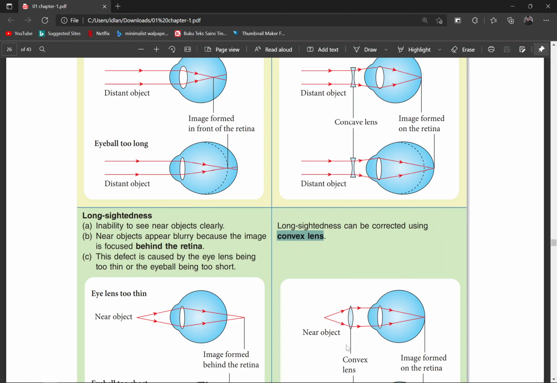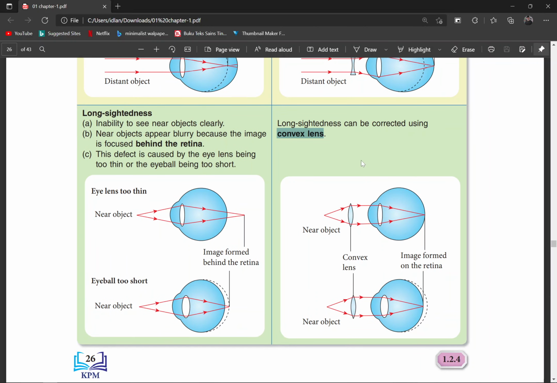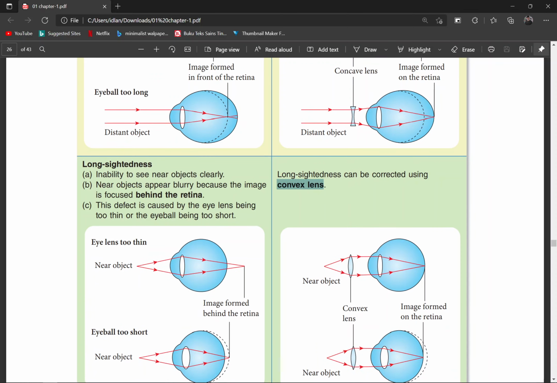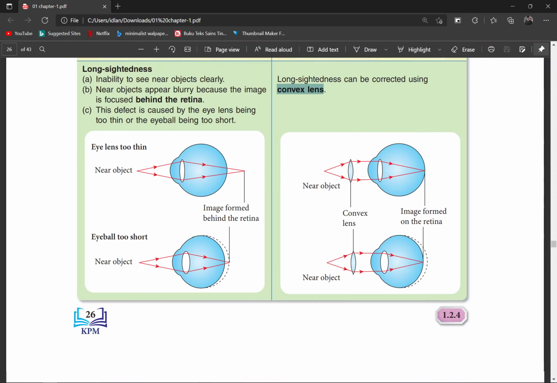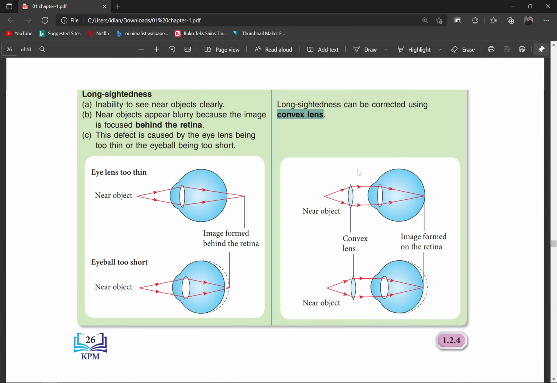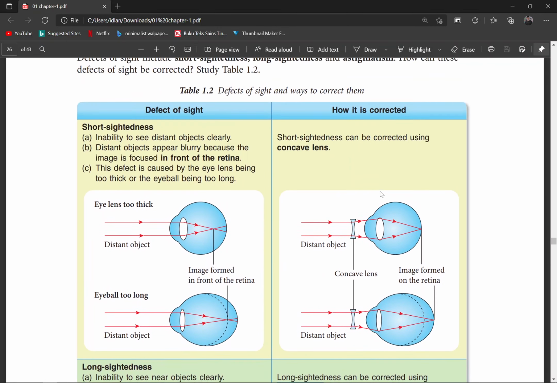Ada beza concave dan convex? Concave ni dia melembabkan dia punya intersection point. Yang ni mensekejapkan intersection point tu. Sebab kita akan dapat tengok image tu kalau ada point of intersection. Itu tempat yang kita sangat-sangat fokus dengan light tu. Okay, faham? Okay, so kita recap.